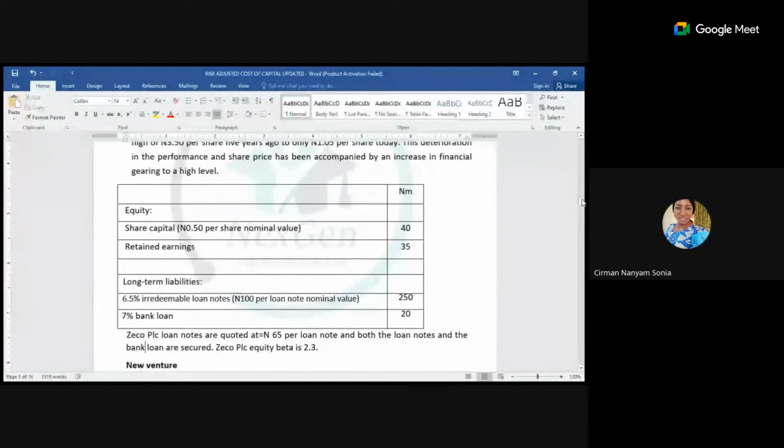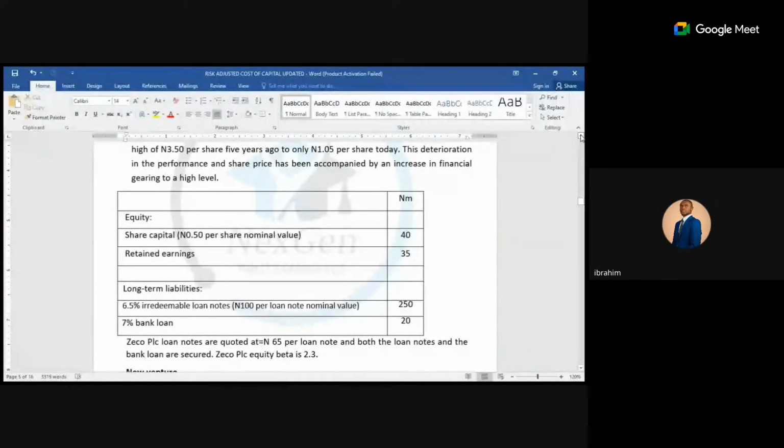Share capital divided by nominal value. Okay, that gives us the number of shares, times what? 1.05. Thank you. Times 1.05.